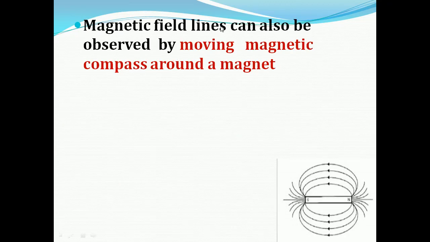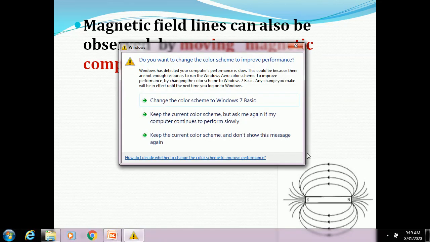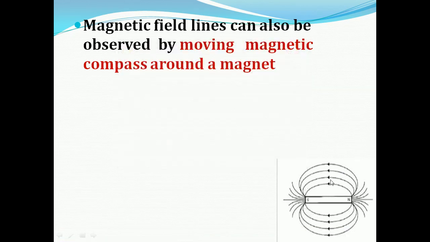Magnetic field lines, as I have told, can also be observed by moving a magnetic compass around a magnet. When we move the magnetic compass around a magnet, we can observe the magnetic field lines because it is the path through which the magnetic compass tends to move from north to south. Path means way.